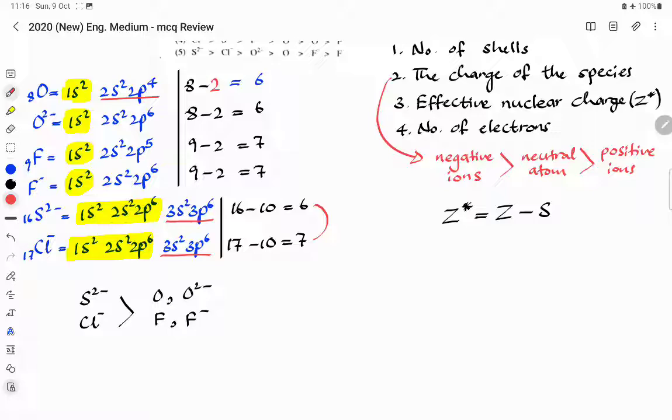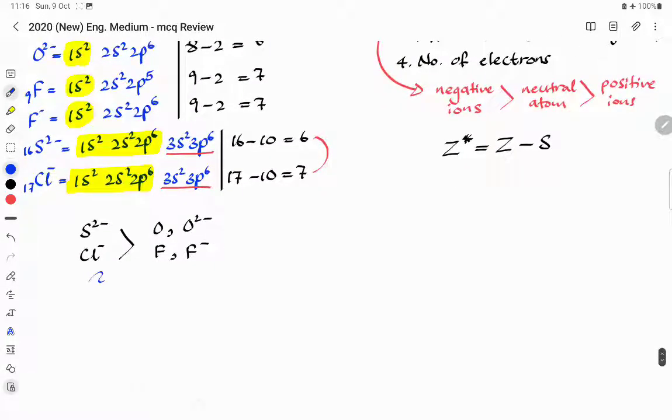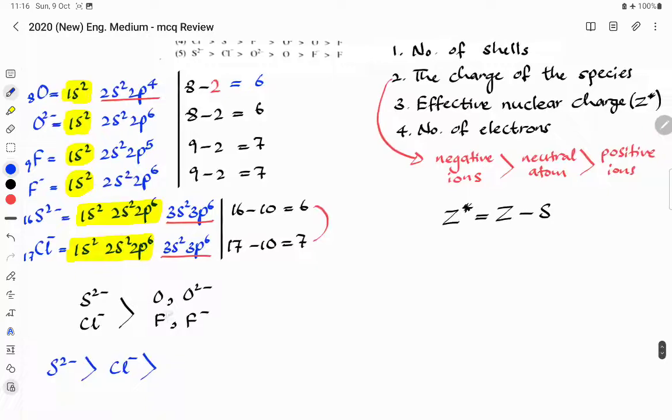Therefore the largest ion will be sulfide. So sulfide is larger than chloride. All right. Now we have to choose from these 4. Now when we compare oxygen, oxide, fluorine, fluoride, we can categorize them into 2 different groups using the charge of the species.